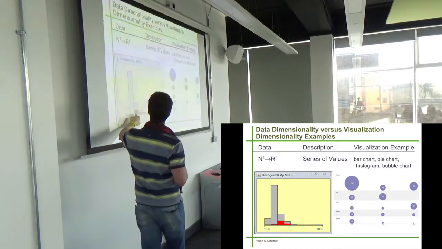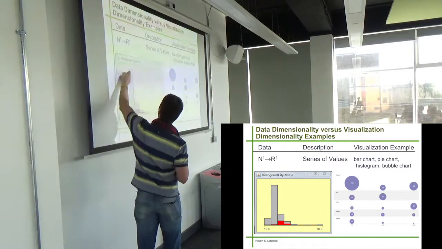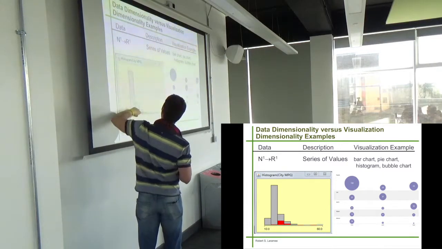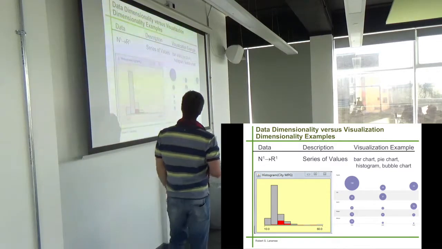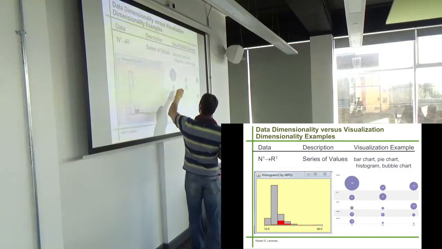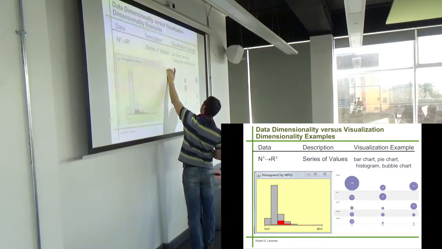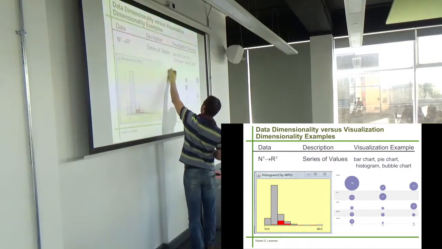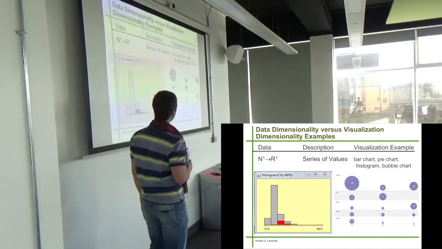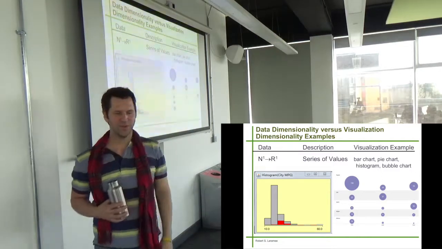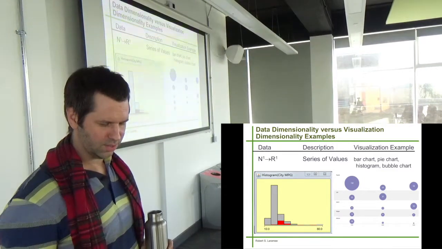That's the N, discrete number. And every category is mapped to a height, an arbitrary height. Here we have a bunch of ellipses, and the thing that's changing is the radius of the ellipse. So the ellipse is the R to the 1. Right? So those are things you're very familiar with. Histograms and circles.